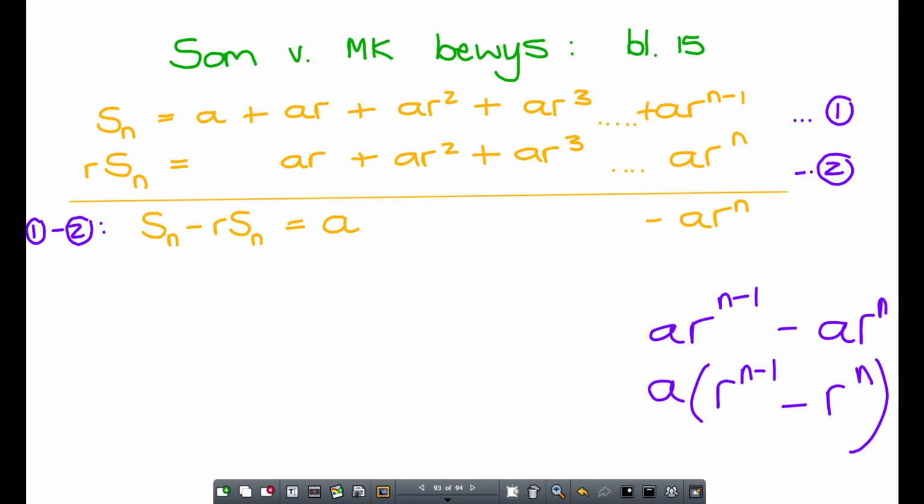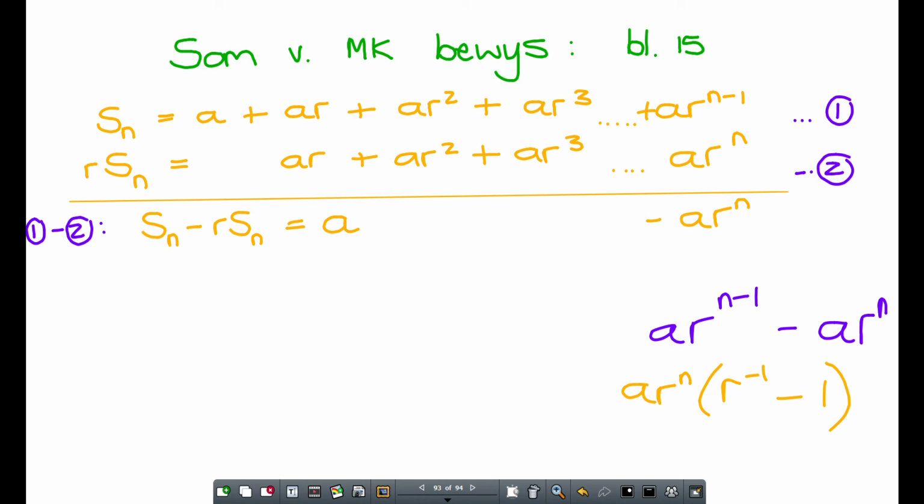So ek was reg nou. We took out A R tot die mag n, ek het nou daar vergeet. Tot die mag n, dan was dit R tot die mag minus 1, minus 1. Okay. En R tot die mag minus 1.